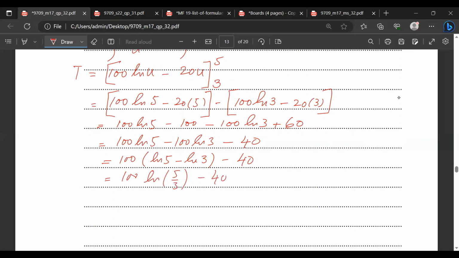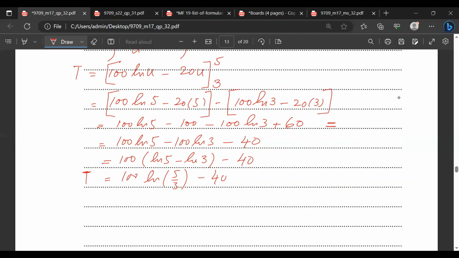There is no instruction to write the answer in exact form, so you may directly write the answer in decimals, or you may write it in exact form. So t is 100 log of 5 over 3 minus 40.